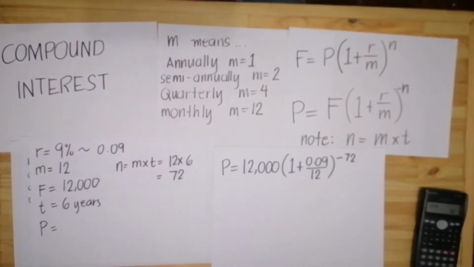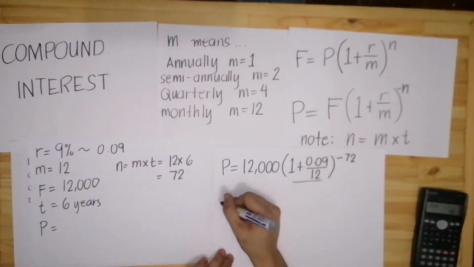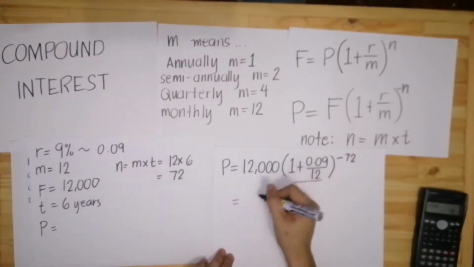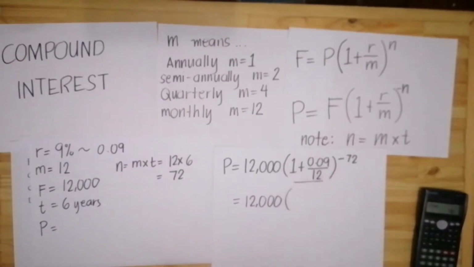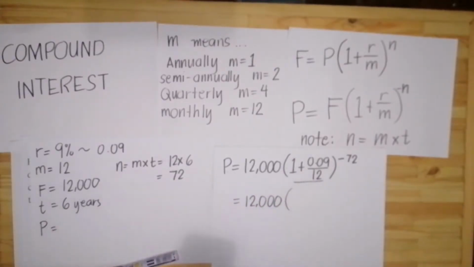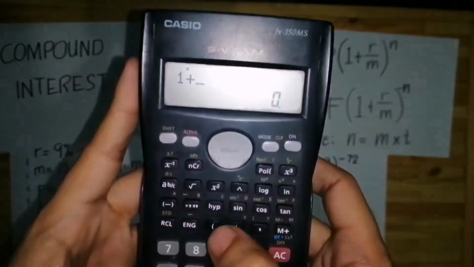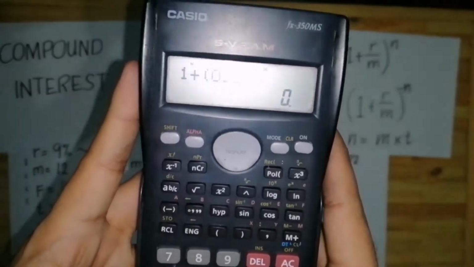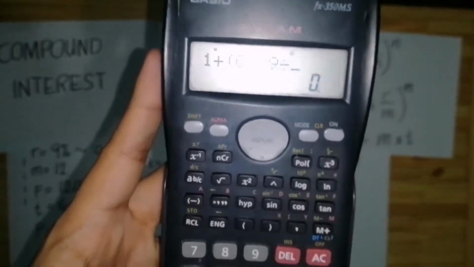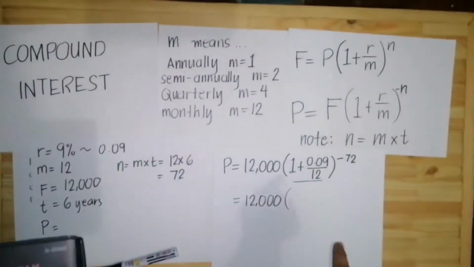So, para makuha natin yon, ang gagawin natin ay, ito muna, yung nandirito, sa loob ng parenthesis. So, equals, copy natin yung 12,000 muna. Then, ano yung nasa parenthesis, press that on your calculator. 1 plus, so 1 plus parenthesis muna, 0.09 divided by 12. Yun na, 12 yun.